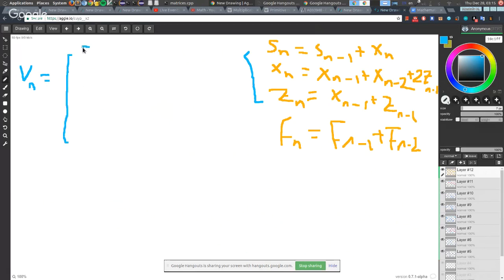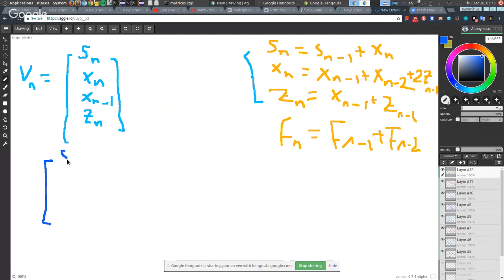This vector has S(n), x(n), x(n-1), and z(n). I think we don't need other values, but we'll see.